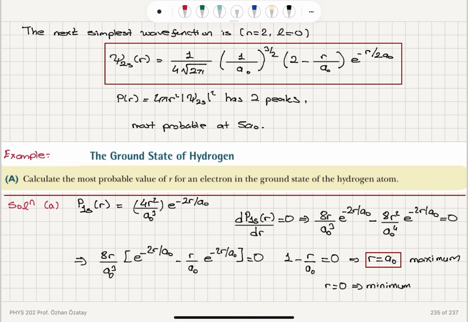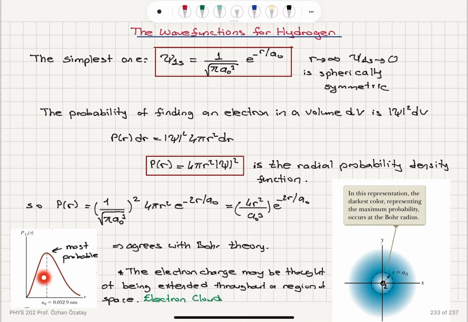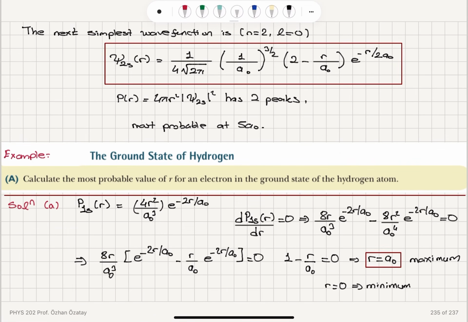Now, taking the derivative with respect to r, setting it equal to 0, we find the extremum points, r equals a0 and r equals 0. If you substitute 0 here, probability is 0, that's the minimum. R equals a0 gives us a finite value, that's the maximum we're looking for. It's a single Bohr radius. As we have discussed in the previous lecture, the most probable point here is a single Bohr radius.